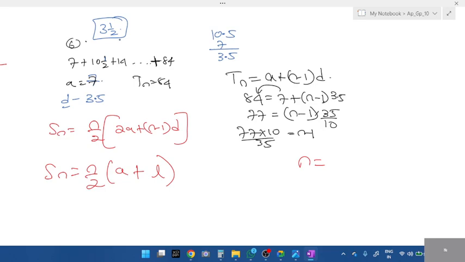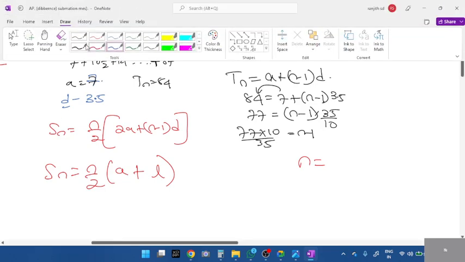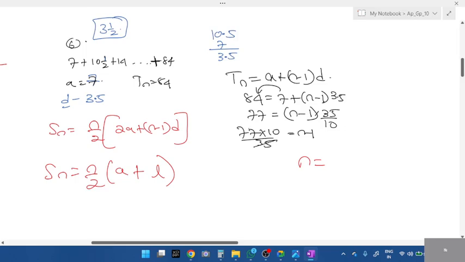T3. Let me check. 7 11s are 77, 7 5s are 35... 22 plus 1 is 23, right, Mariana? Very good, 23. S of 23 is equal to 23 divided by 2 times a value.